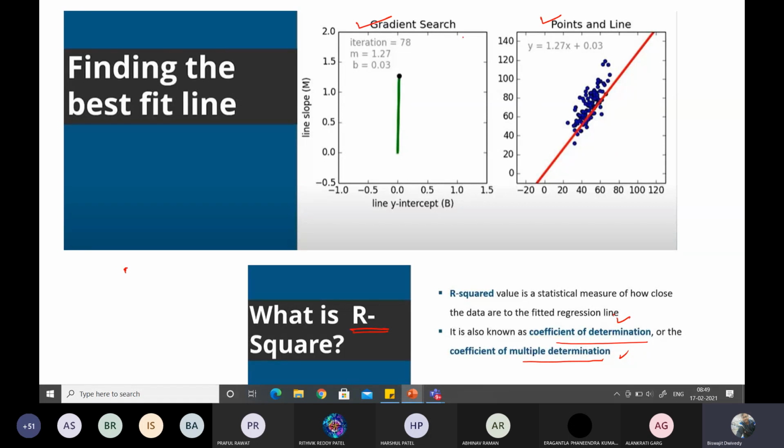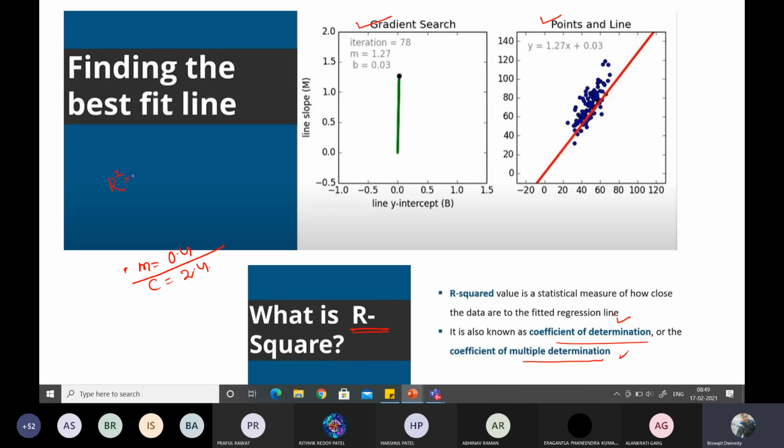There are other techniques by which we can search for a best fitted line of regression. We have already evaluated your m value, your slope, which is equal to 0.4, and your y-intercept is equal to 2.4.